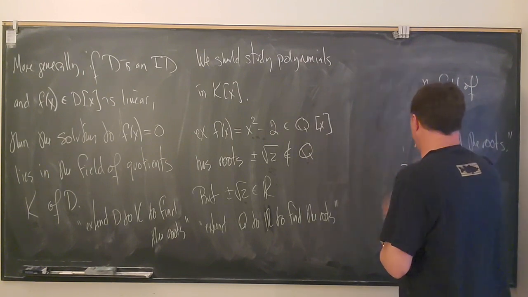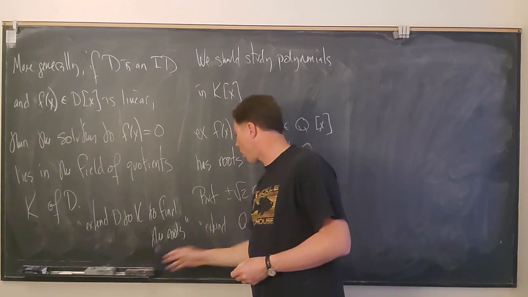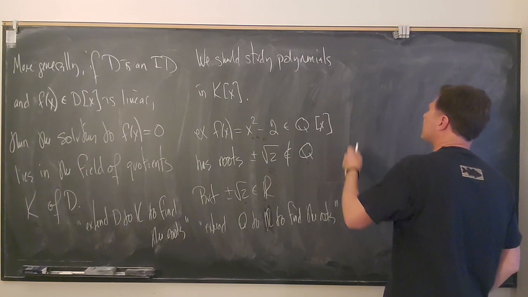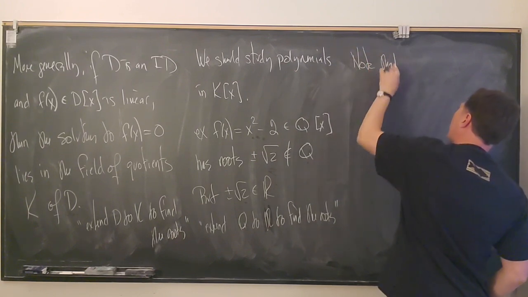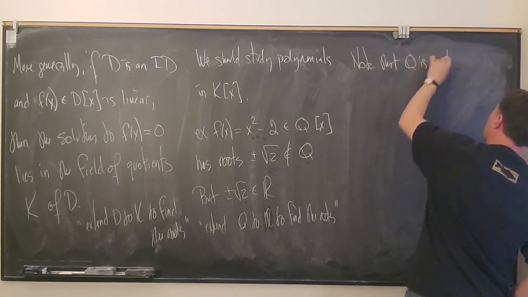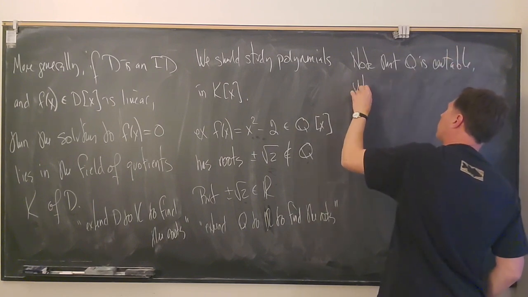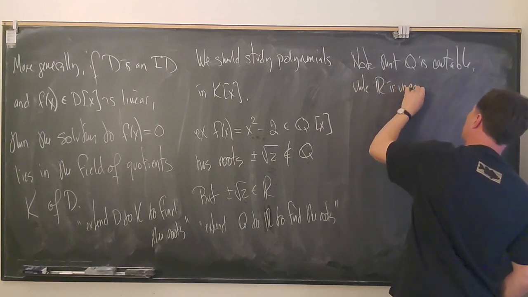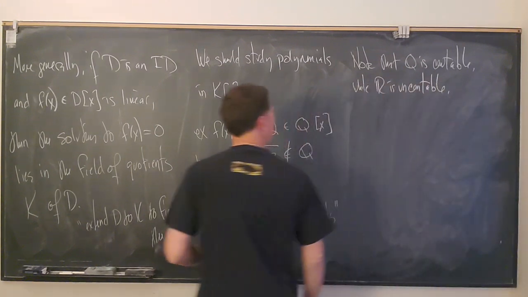So somehow, I mean, you have to do a lot of work to extend Q to R. And so, note that Q is countable, while R is uncountable, and somehow we don't like that.